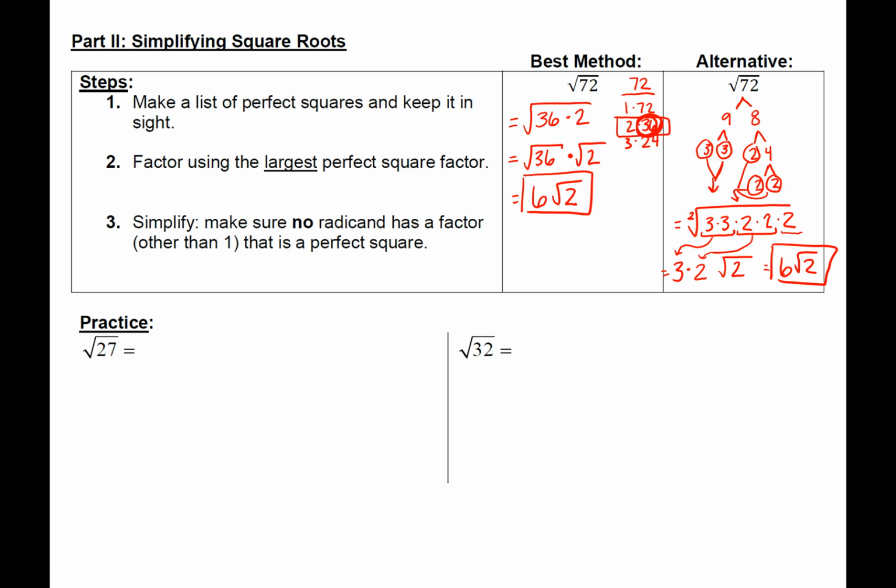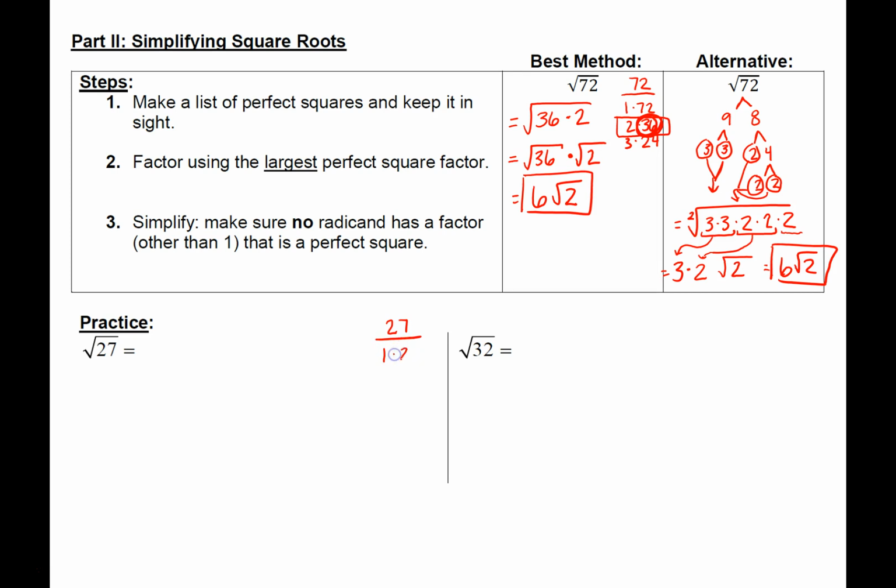So let's try a couple of practice problems before we get into negative numbers. This next one says the square root of 27. So I'm going to write 27 and I'm going to make a list of numbers that multiply together to get to 27, and I'm going to stop when I find a perfect number.